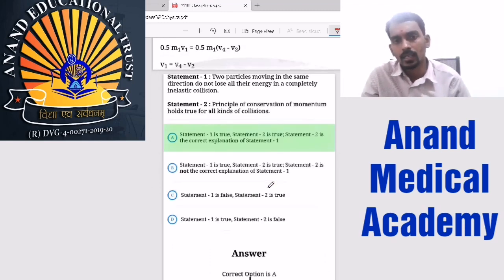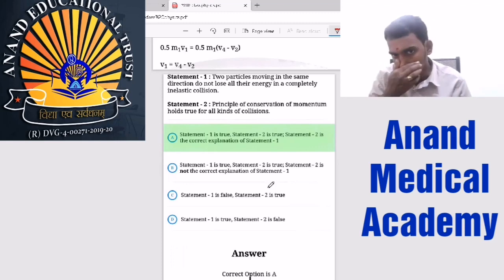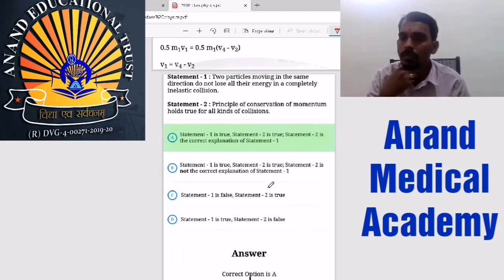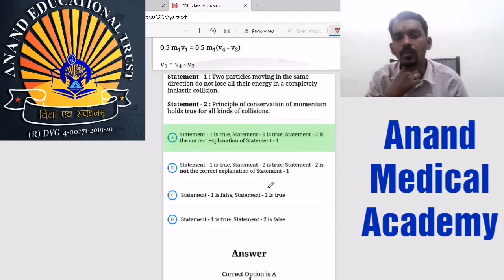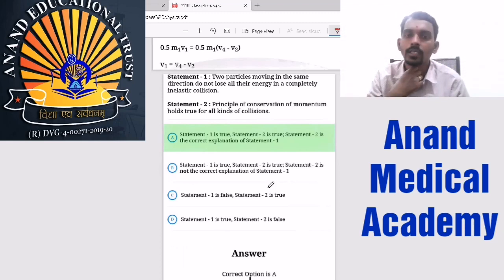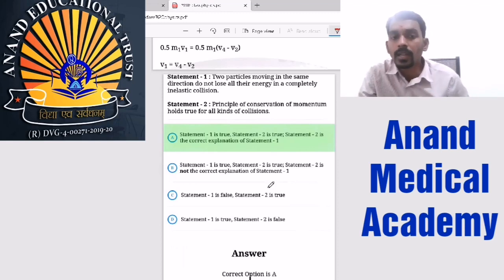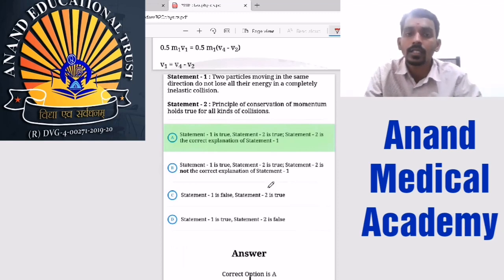Mostly in NEET, this kind of statement based questions will not come, but I have given them only to make you understand that theoretical questions are also important. You have to make sure that two particles moving in the same direction do not lose all their energy completely in an elastic collision. Yes, there is a loss, but they will not lose all the energy.